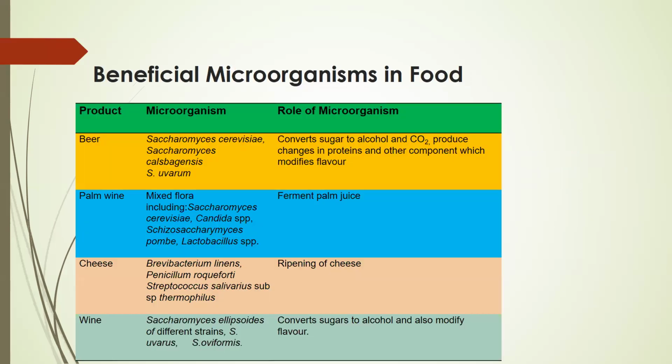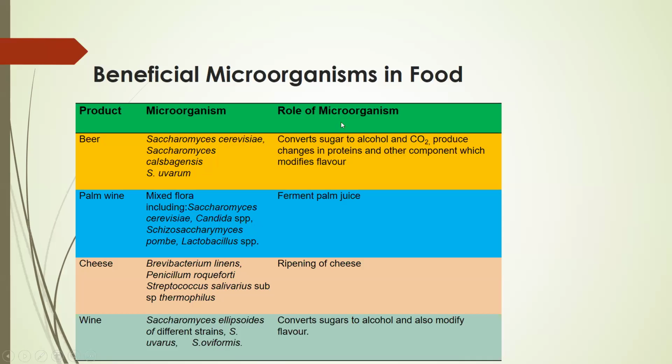So on this table, I have beneficial microorganisms in food. I'll just tell you the products, the microorganisms that produce them, and the role they play in such food. So we have beer production. The microorganisms used in beer production include Saccharomyces cerevisiae, Saccharomyces carlsbergensis, and Saccharomyces uvarum.